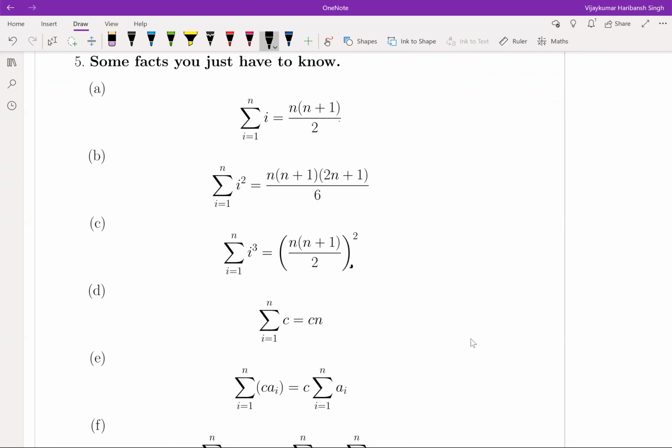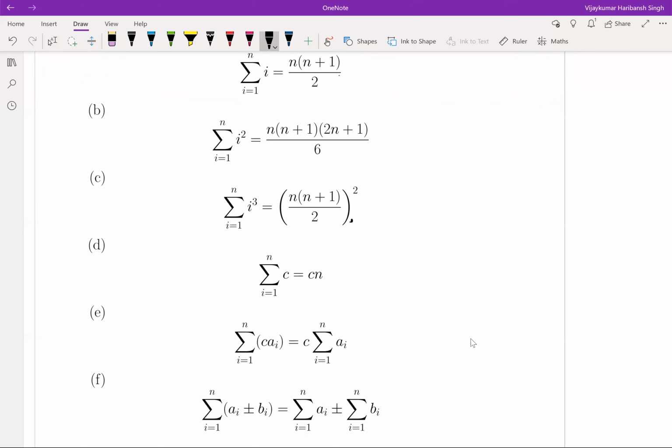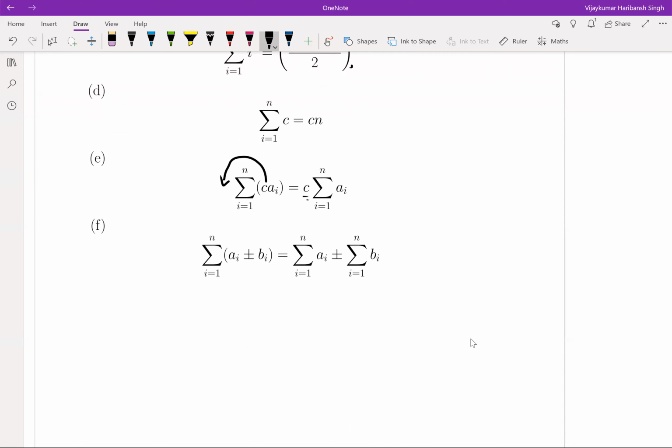Summation i going from 1 to n of c is you're adding c n times, so it's cn. If you have c a_i, you can take out the c, so you get c times the summation i from 1 to n of a_i. And next one is a_i plus or minus b_i. If you're taking the summation, then you can break it as the summation of a_i plus or minus the summation of b_i. So these are the few.